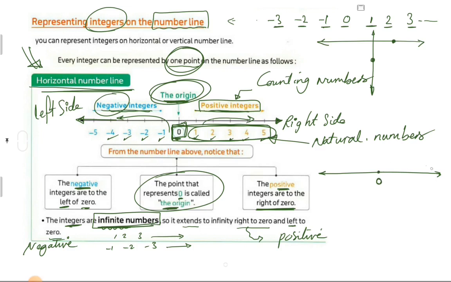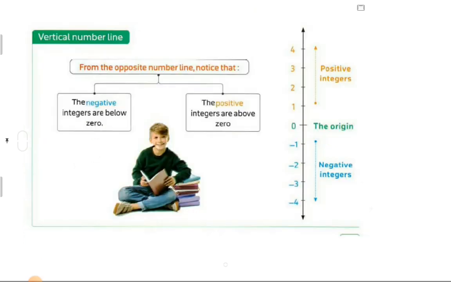On the right we put the positive like 1, 2, 3. On the left we put negative -1, -2, -3, and this is called a horizontal number line.